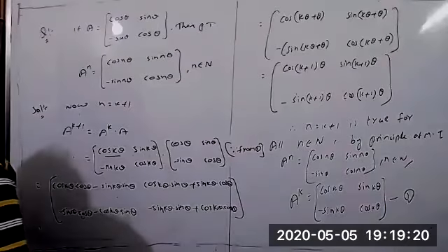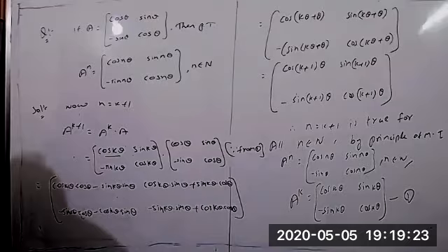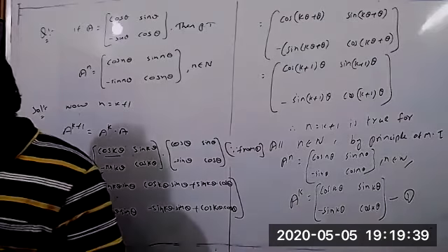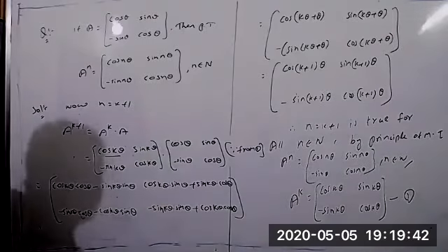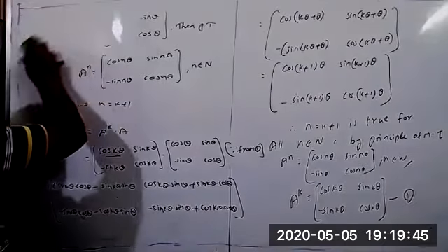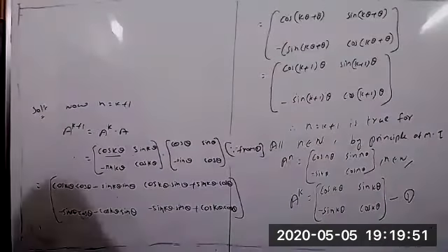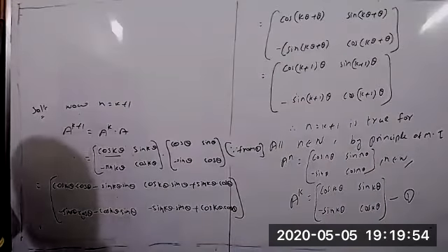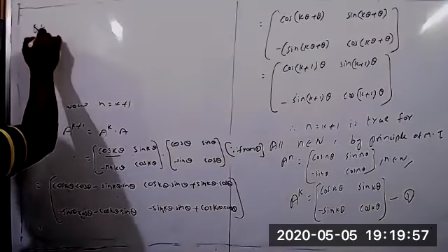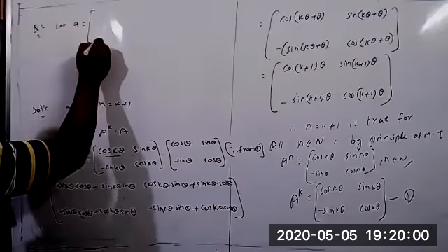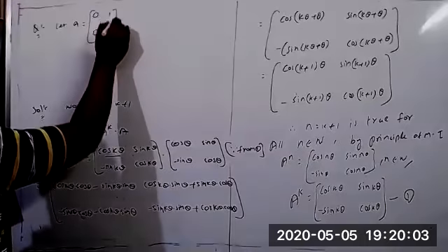Okay? Now you can take one more example, in the miscellaneous exercise, the first one. Let A equal to [0, 1; 0, 0].